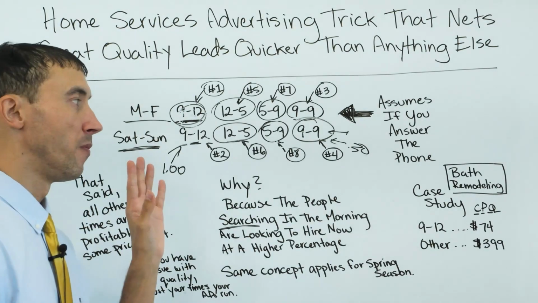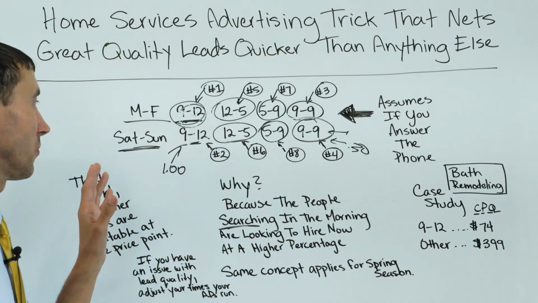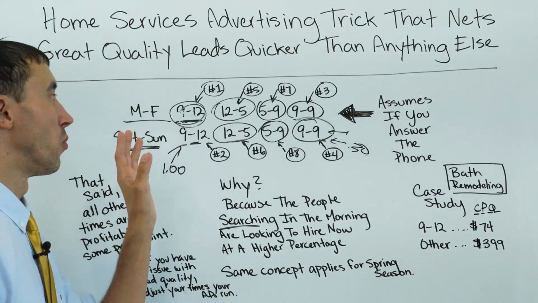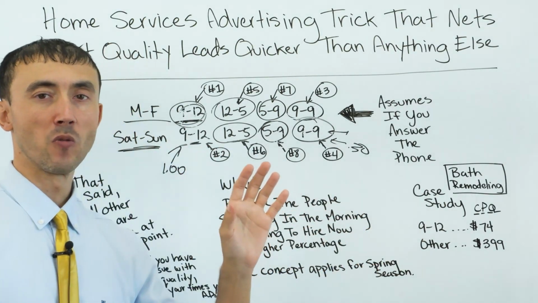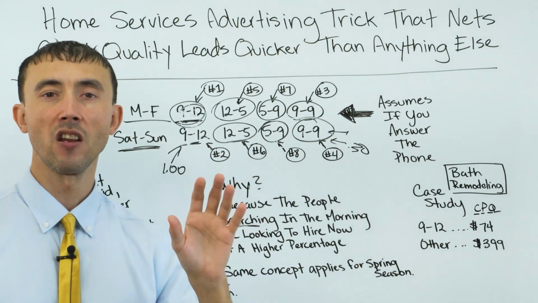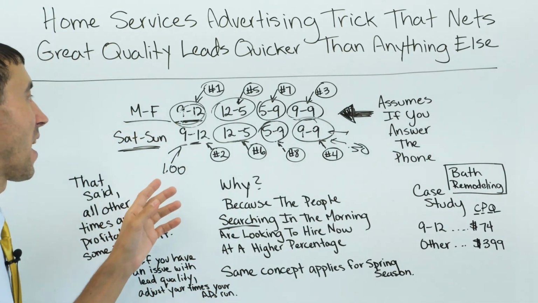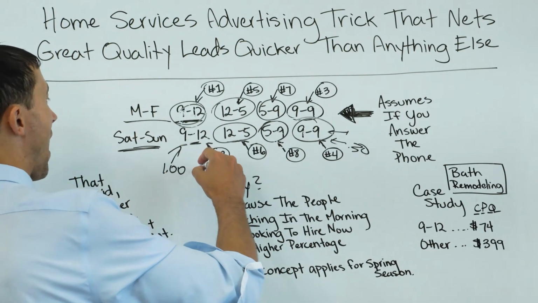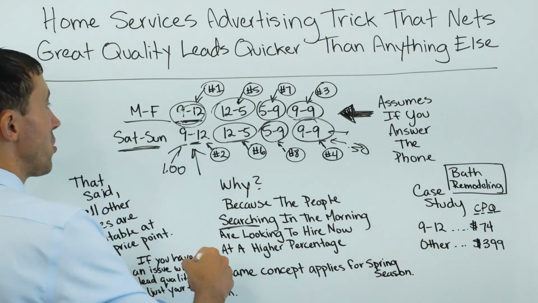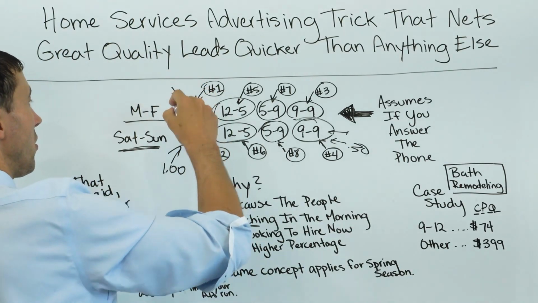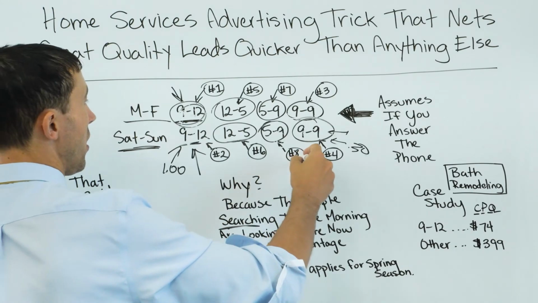I can tell you for a fact, in the HVAC space, where we're doing air conditioning installation and services, we ran ads, and 2/3 of our leads came in 9 to 12 and overnight.